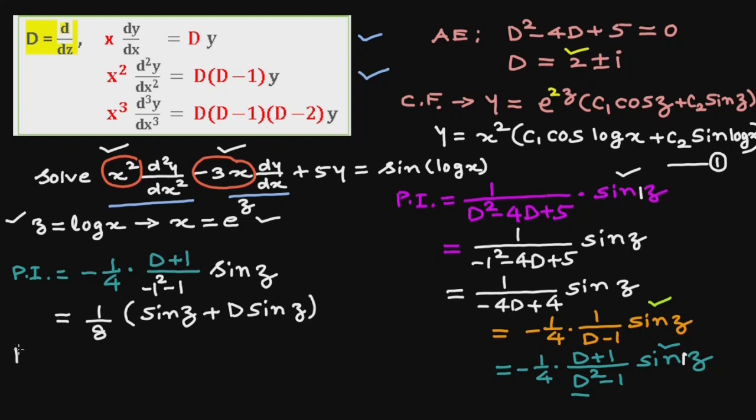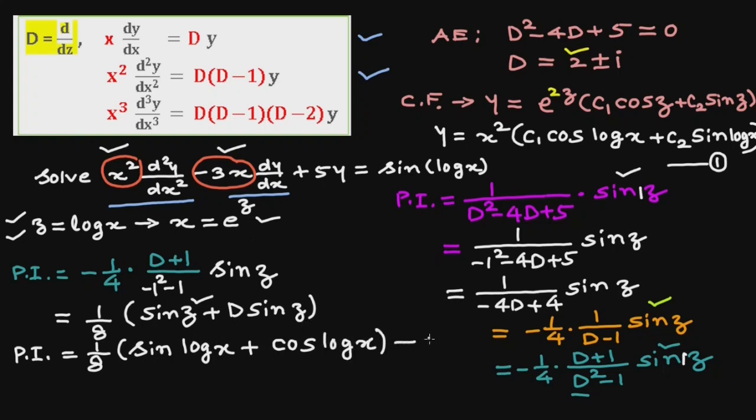So finally the particular integral will be 1 upon 8 into sine of, in place of z we write log x, plus the derivative of sin z, which is cos z, so cos log x.